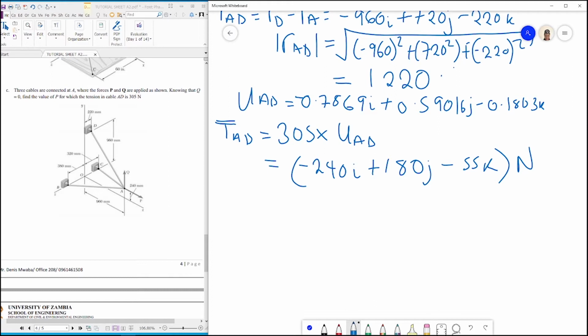Now in order to sum the forces in the Y and in the X, we'll need to express the others, also TAC and all these others.